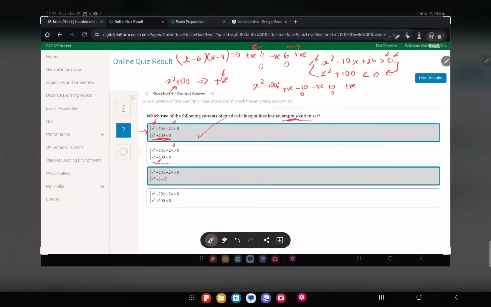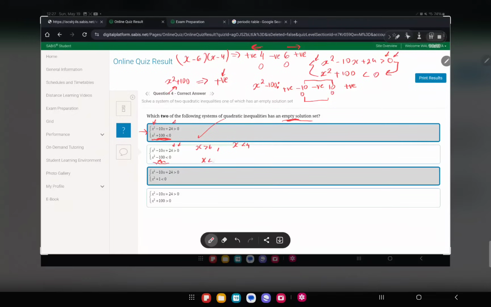How about here? X squared minus 100 less than 0. When is it less than 0? In between negative 10 and 10. So if I were to write this, here it would be when x is greater than 6, and when x is less than 4. Here, when is it less than 0? Between negative 10 and 10.